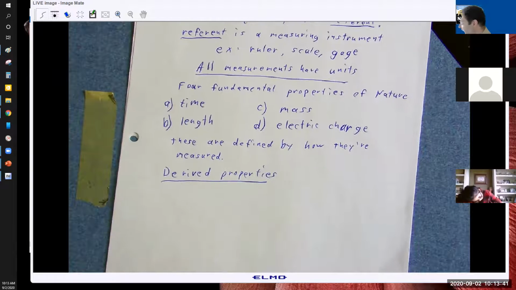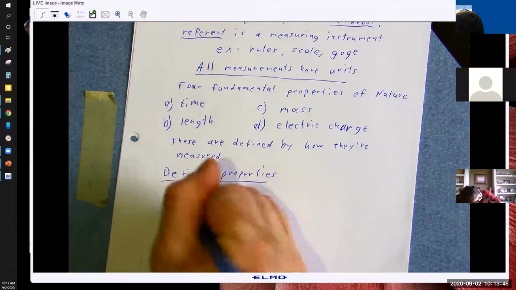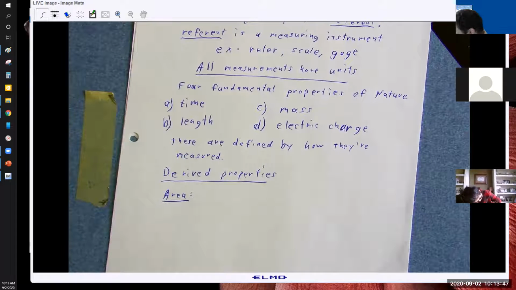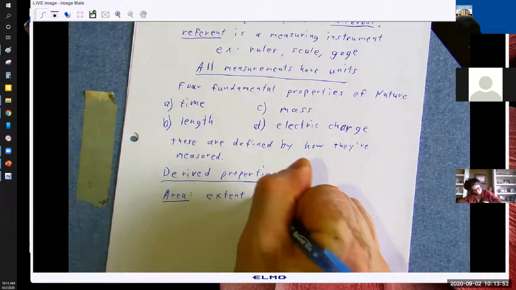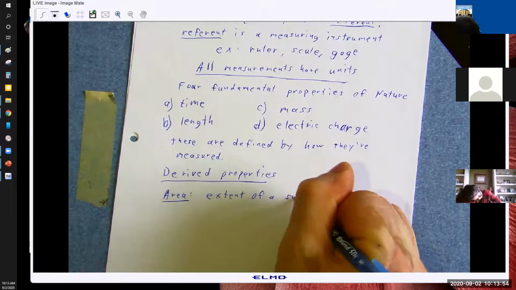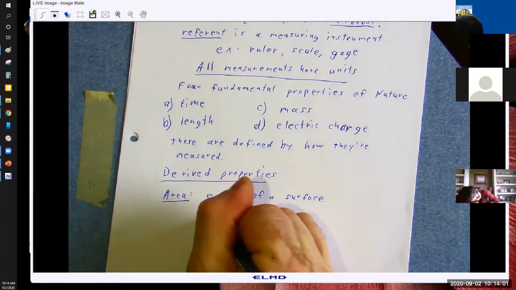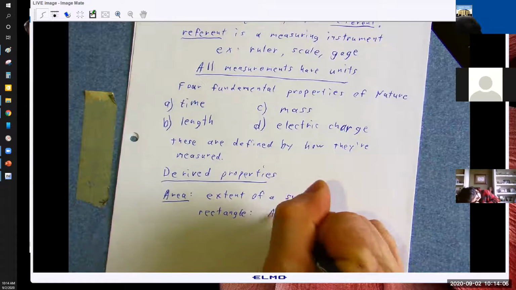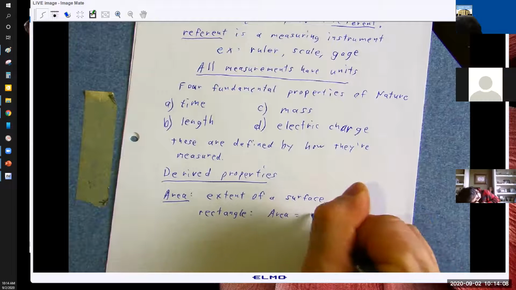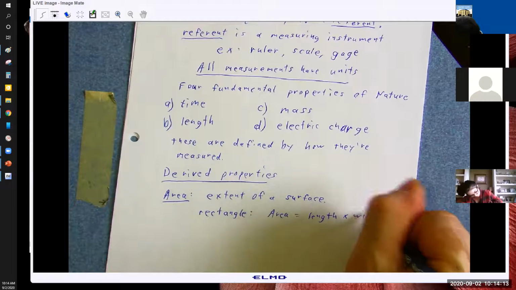So, for example, you have area. This is the extent of a surface. For example, there's a rectangle, and the area is length times width.